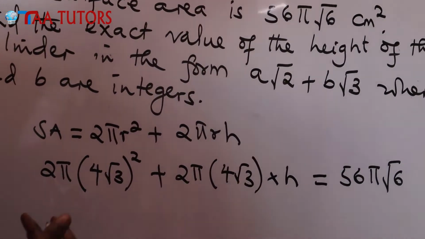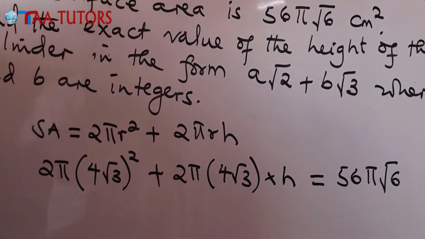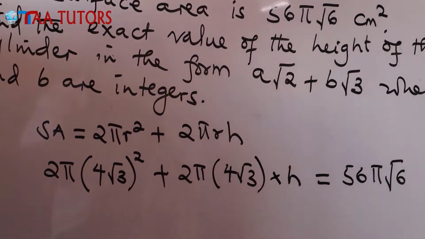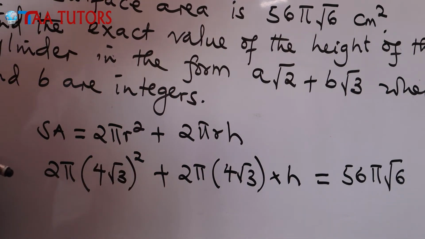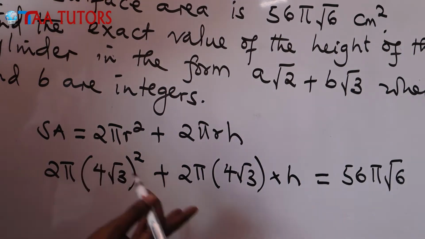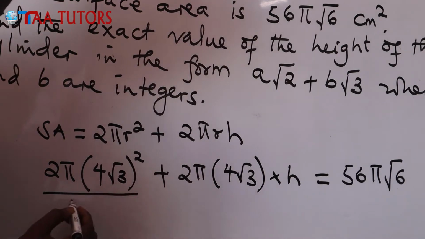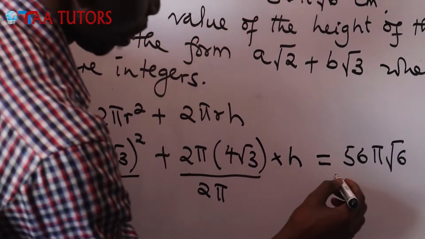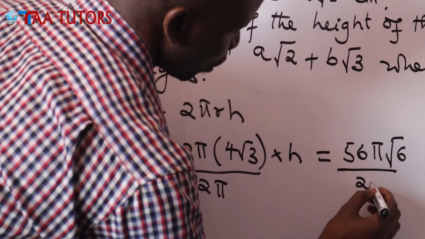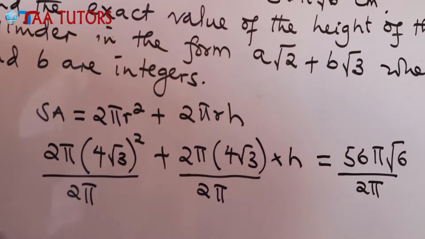But I want to be able to eliminate something here quickly. What do I want to eliminate? I want to eliminate pi. Let me eliminate 2 pi. So if I divide both sides by 2 pi, what will I get?